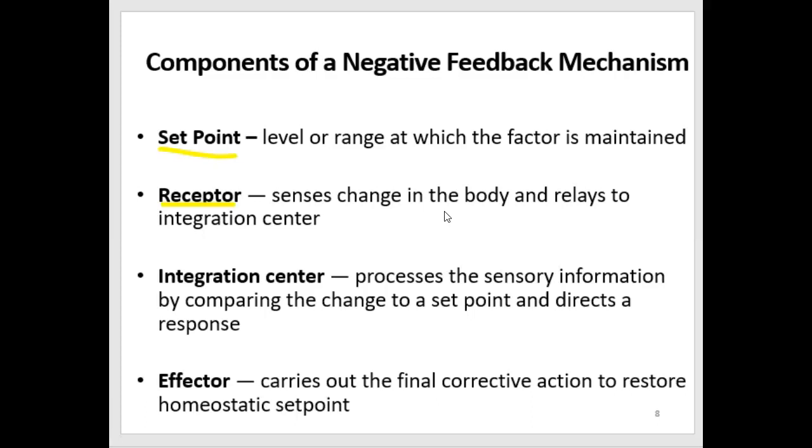Other times, like with blood pressure, there might be two different structures. A receptor that detects pressure, that information is then sent to the brain. But nonetheless, the integration center is almost always the brain. Not always, but usually. And it will direct a response. So it sends information out to effectors that carry out a corrective action, like the muscular system or the sweat glands.